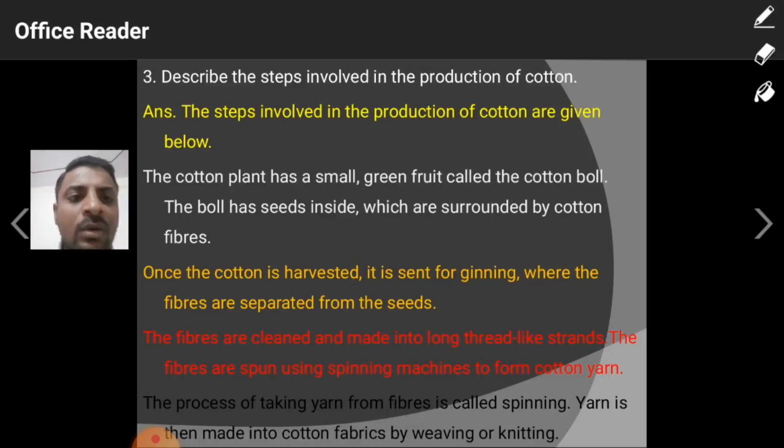The process of making yarn from fibers is called spinning. Yarn is then made into cotton fabrics by weaving or knitting.